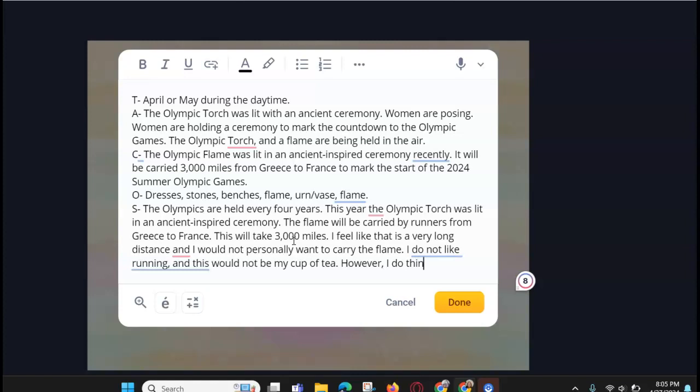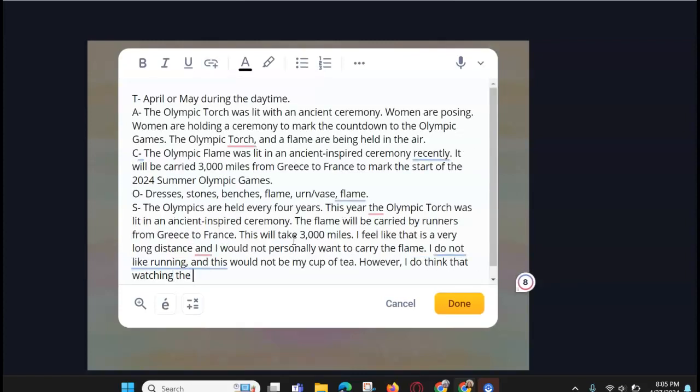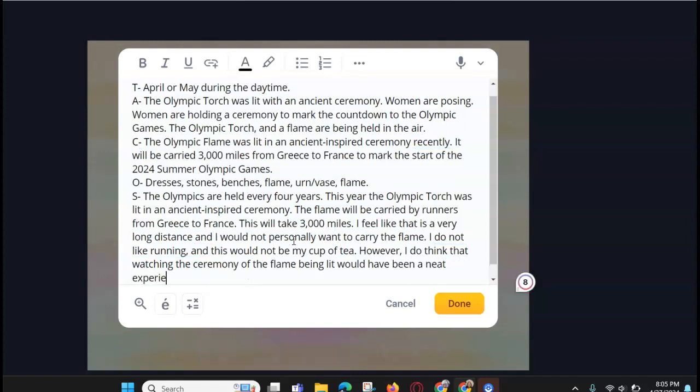However, I do think that watching the ceremony of the flame being lit would have been a neat experience. I would like to attend the next ceremony in 4 years.